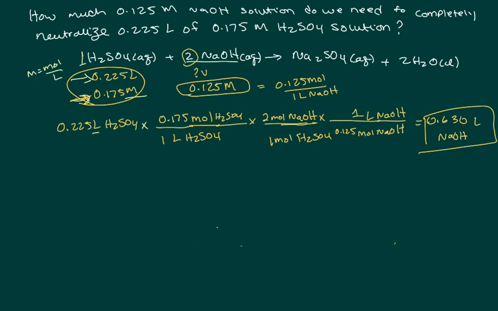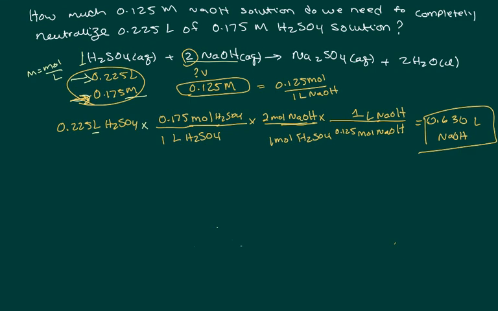And this is something that you'll do in general chemistry, in which you will be working with acids and bases and neutralizing them, and what we call titrations, but you'll get to that later.